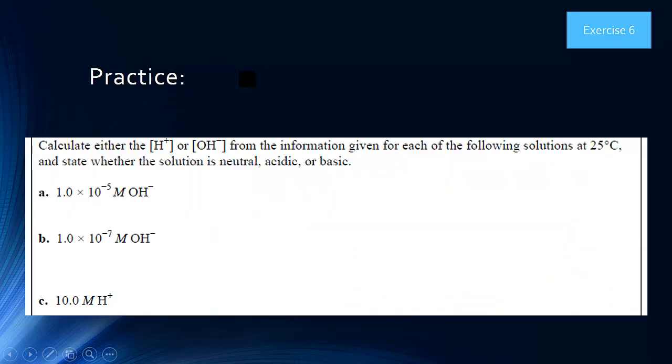So in exercise 6, we are given either hydroxide or hydronium concentration, and we are asked to determine the opposite and whether the solution is acidic, basic, or neutral.